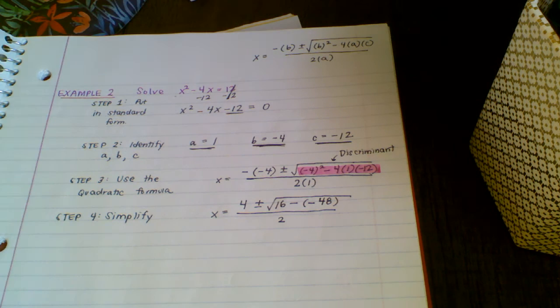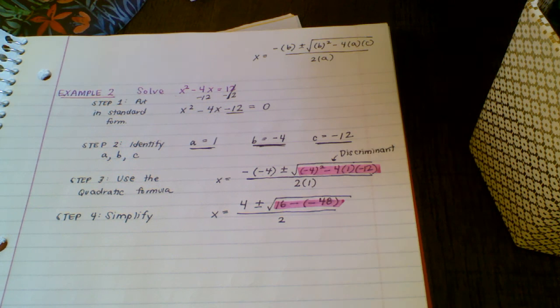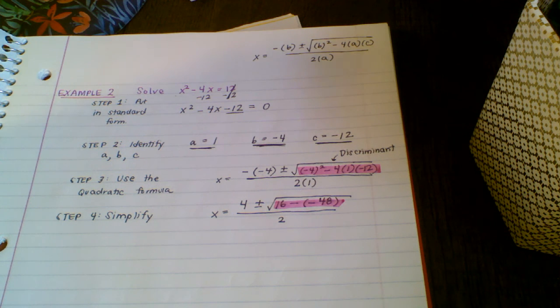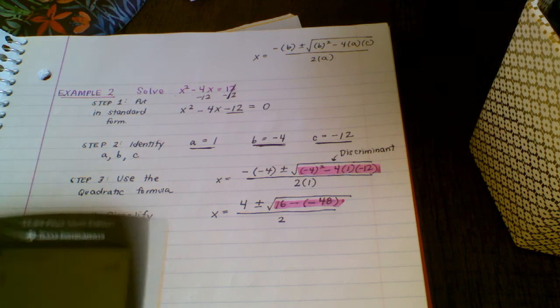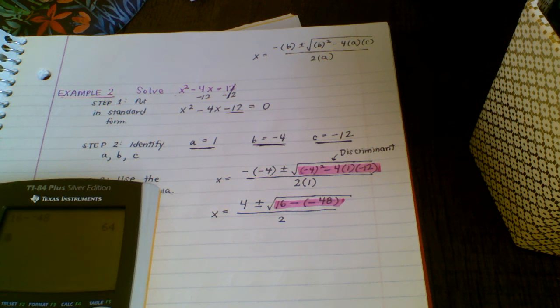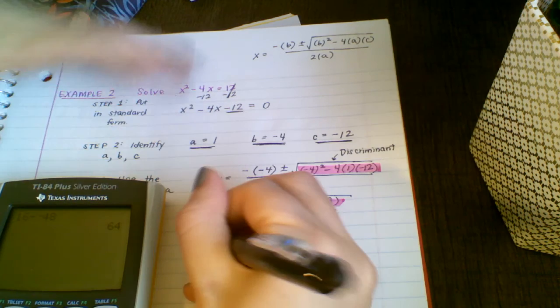Okay, so that discriminant is not fully simplified yet, so we got to do a little bit more work here. So to fully simplify, we do 16 minus negative 48. And feel free to use a calculator on this if you have one, or use a calculator on the internet, Google Calculator. So we got 64.